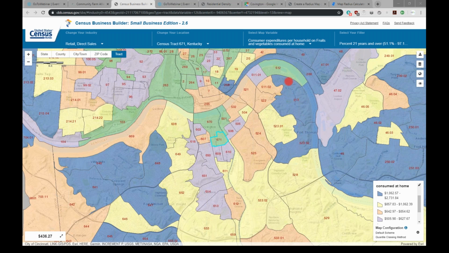You probably want to get closer to some of these higher budgeted areas. Some of this has to do with the fact that there's some socioeconomic stuff happening here as well, so it's important to recognize that.